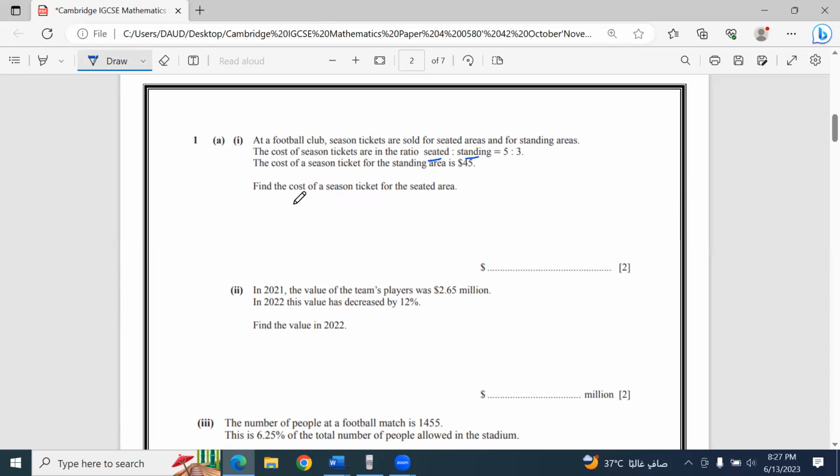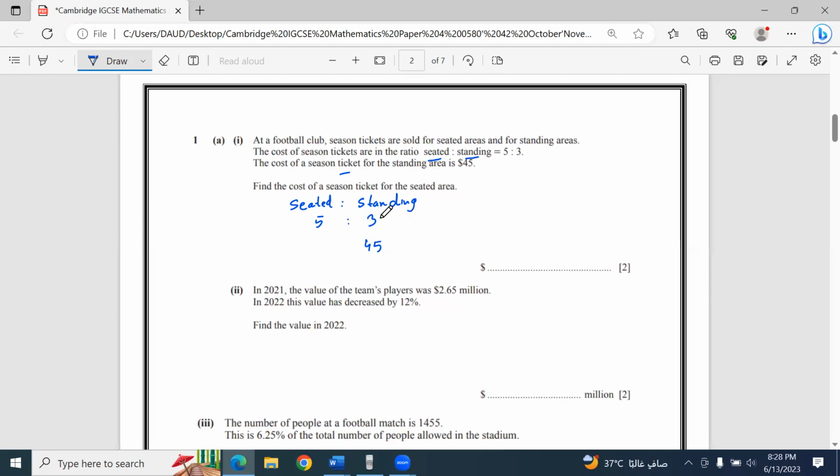So seated to standing, and the ratio is given 5:3. And remember that they mentioned the cost of a season ticket for the standing area is 45.